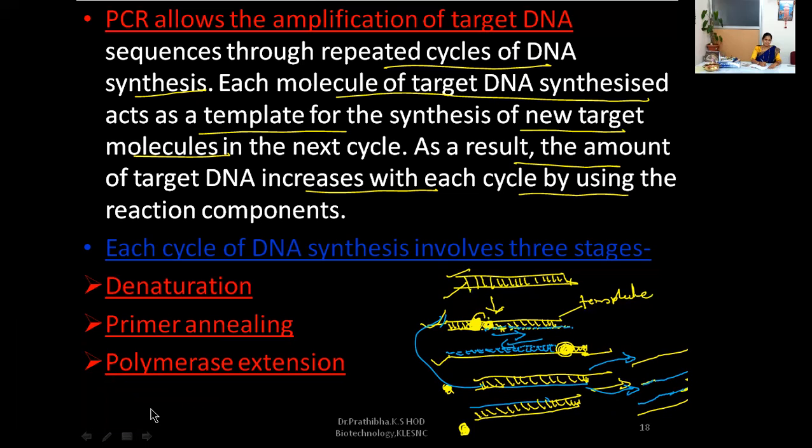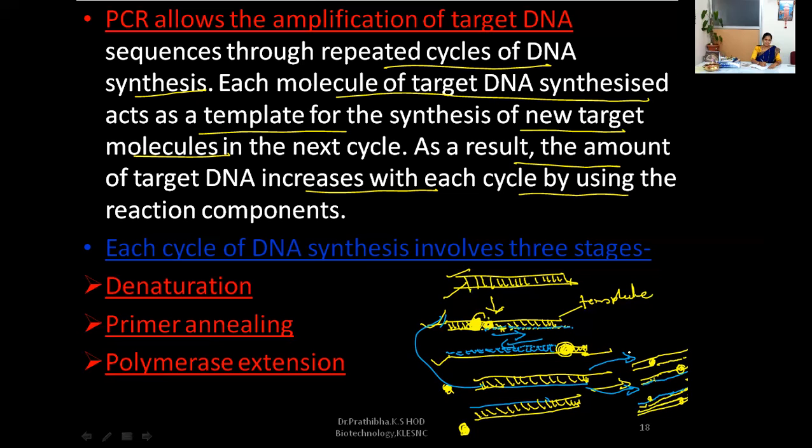And again, here also the same thing: primers attach here, here, and here. Taq DNA polymerase goes there, here also, and here. Then they keep on adding the individual nucleotides in each case.